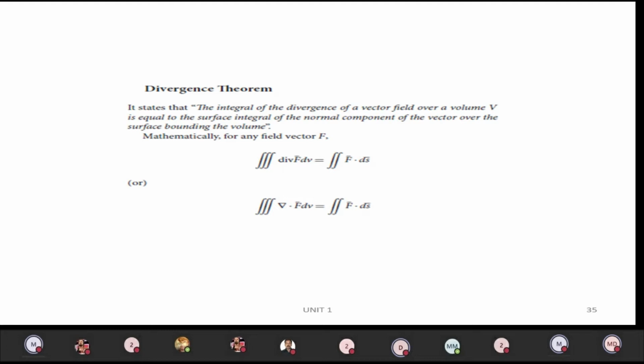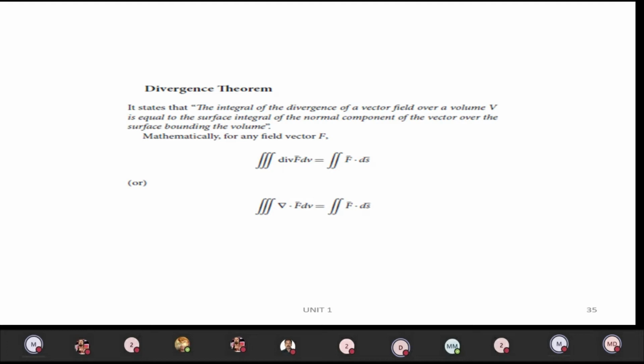If I take the divergence of the vector and integrate over the volume, that value will be equal to the surface integral of that vector. I get one answer, and that answer should be the same as what I get from the surface integral of that vector. That's what we call the divergence theorem.